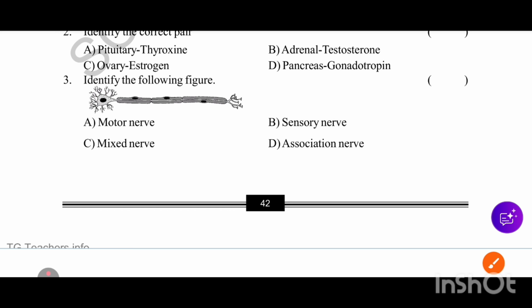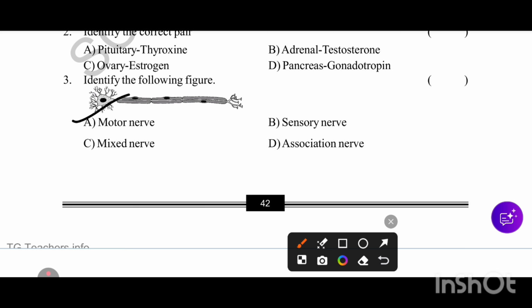Next one is the third question. Identify the following figure. The right option for this is a motor nerve. Motor nerves are also called efferent nerves.